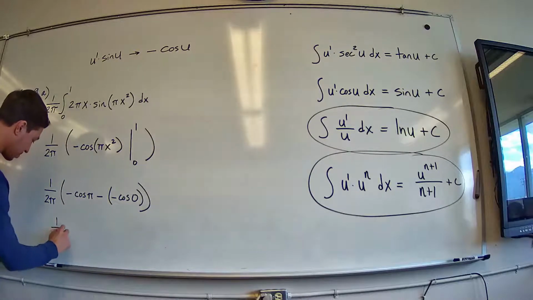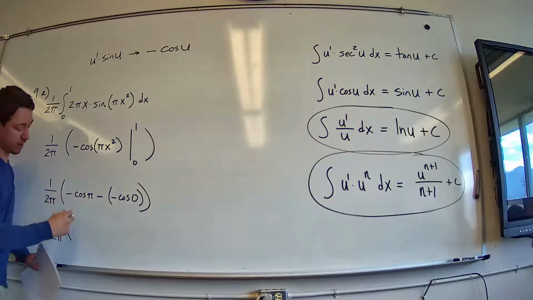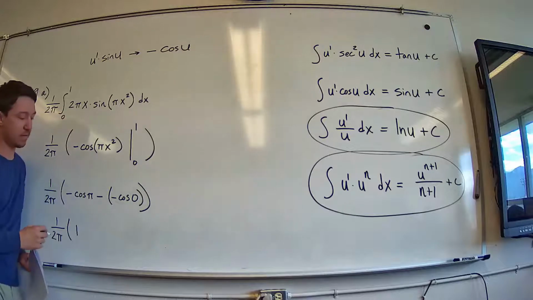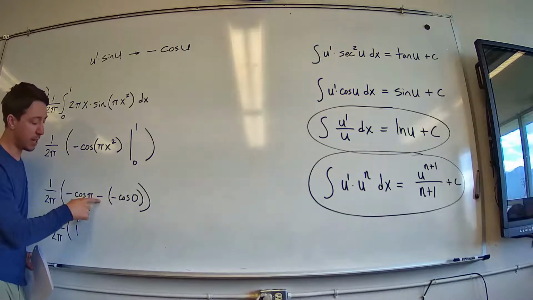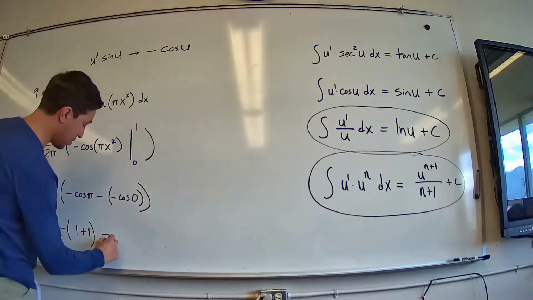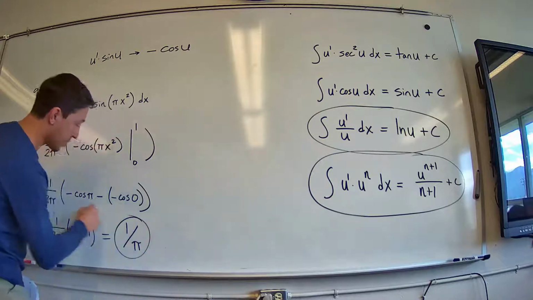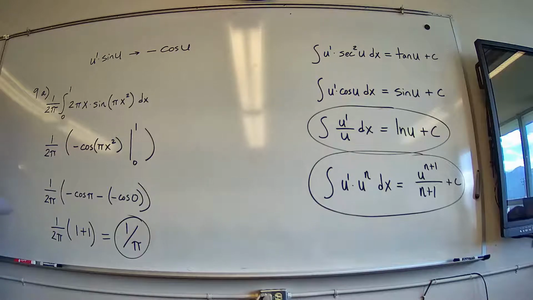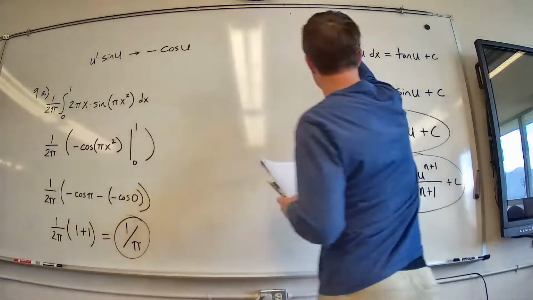Negative 1. So this is negative 1, also known as positive 1. What's cosine of 0? So minus negative 1. Look at that, you get a beautiful answer. The reciprocal of pi is the answer. Nice.